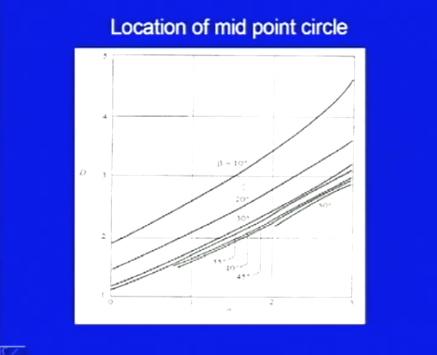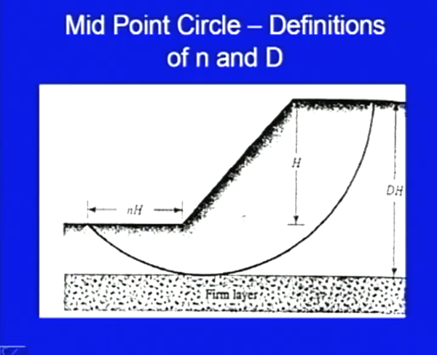So, for example, if beta is equal to 10 and d is equal to, let us say, 3, then you can find out what is n. This figure gives you again the definitions.